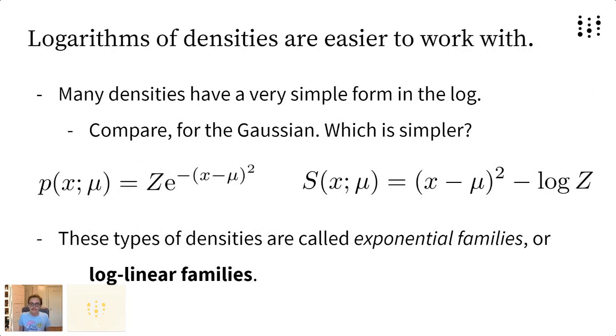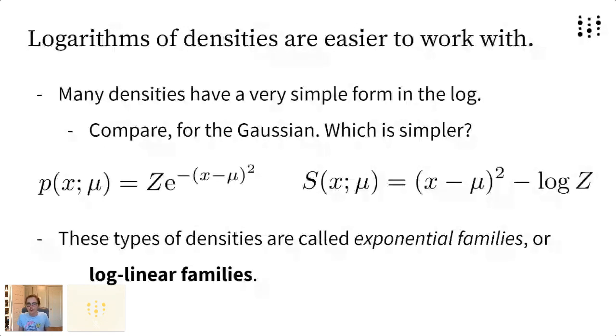So these types of densities that have these really neat, clean forms when they take the logarithm, or that are easy to mathematically work with once you take a logarithm, are called exponential families or log linear families. And they're all over the place in older school structured statistical approaches. And then they sort of bleed into deep learning and machine learning.